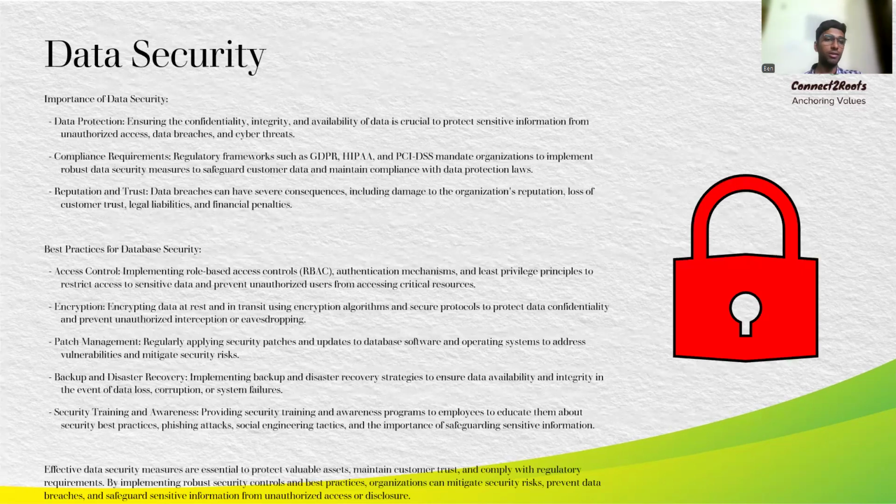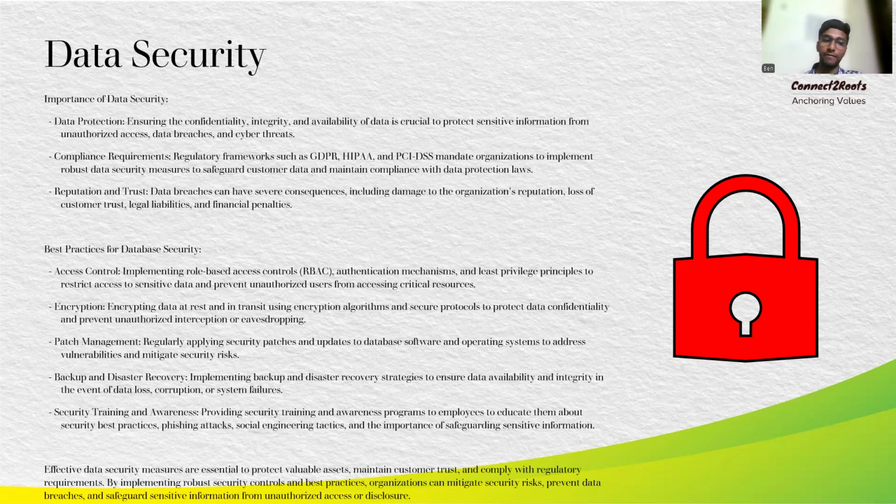Now coming to data security again. Why is data security important? Because it helps you in data protection, it helps you to be compliant, and it also gives you trust among the community. What are the best practices for data security?